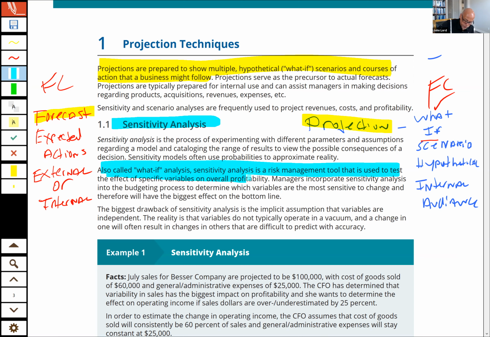Okay, so you can see that a what if scenario, sensitivity analysis, what if analysis, is a risk management tool that is used to test the effect of specific variables on overall profitability. So you can flashcard that.